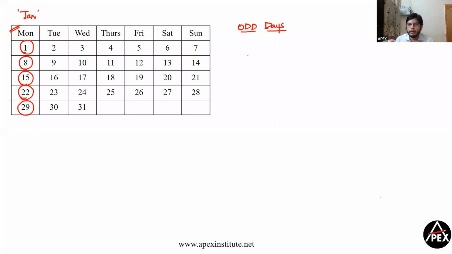What is constant between them? 7. These form a series with difference 7. So 1 plus 7 is 8, 8 plus 7 is 15, 15 plus 7 is 22, 22 plus 7 is 29. Why is that difference 7?